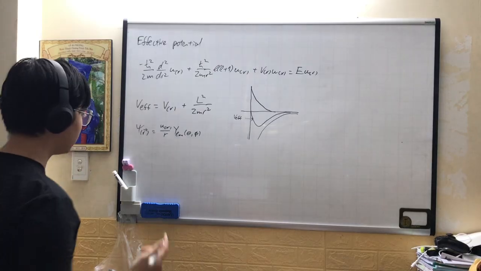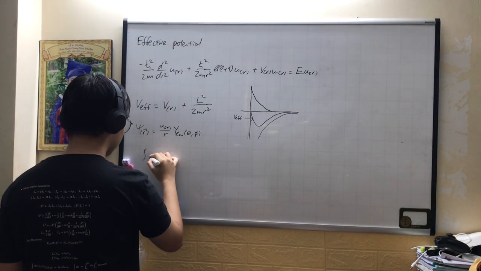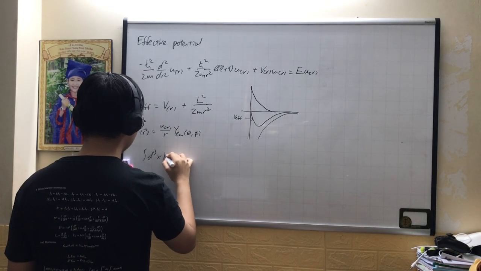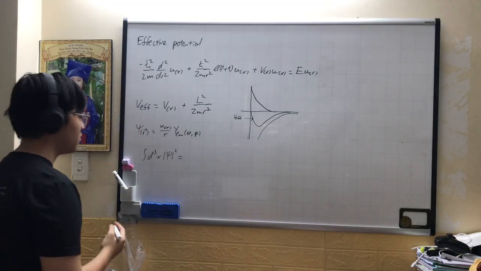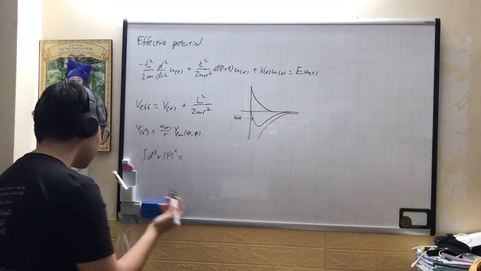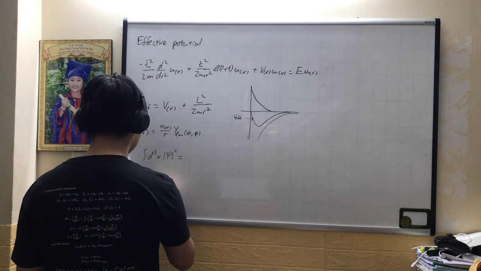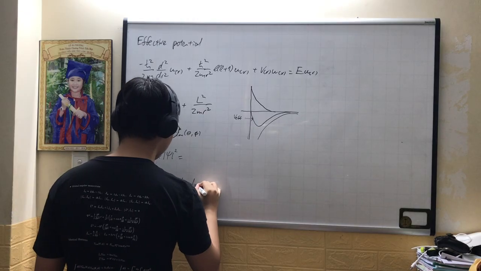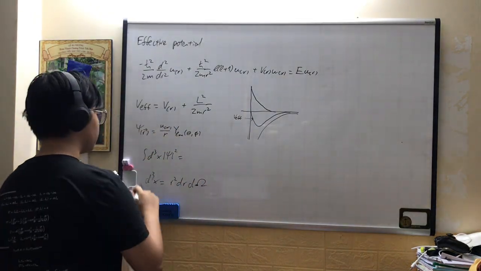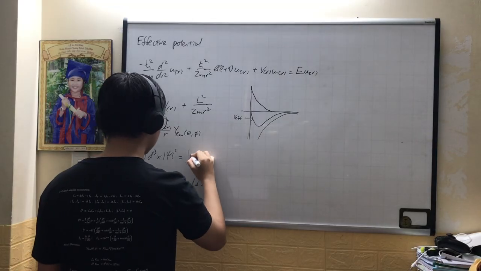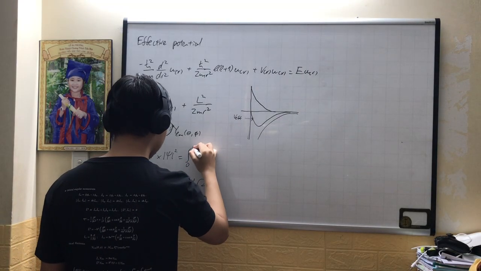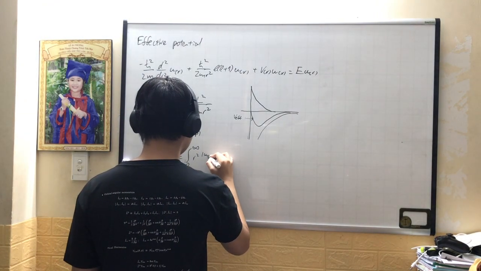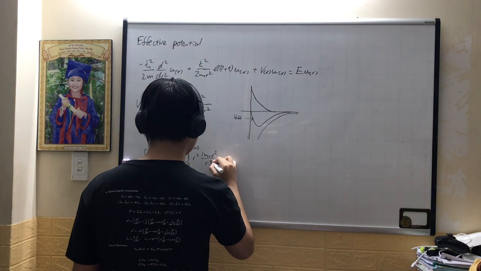The normalization: d cubed x is r squared dr and the solid angle. Substituting here, that would be from 0 to infinity for the radial part, r squared u(r) squared dr.